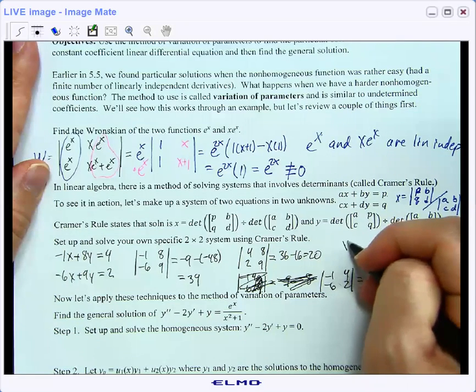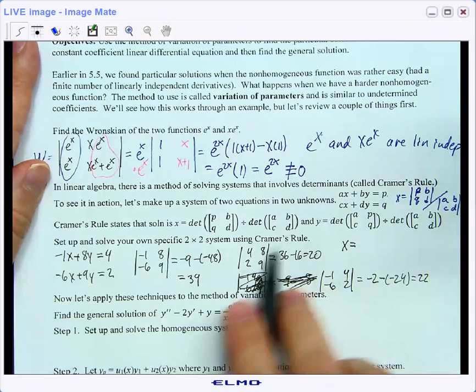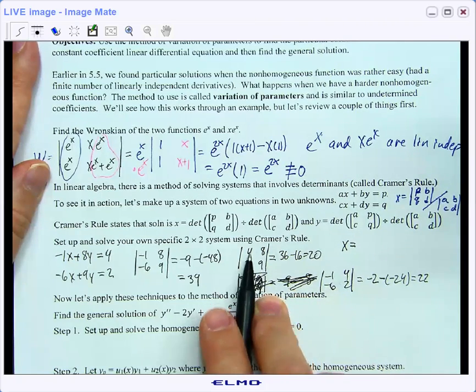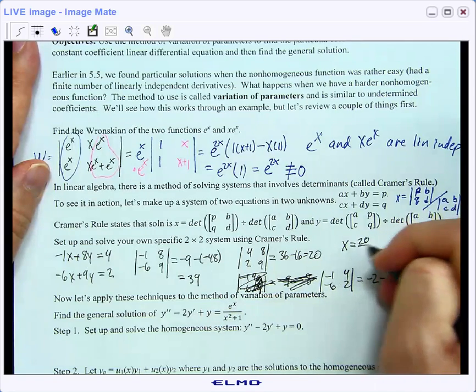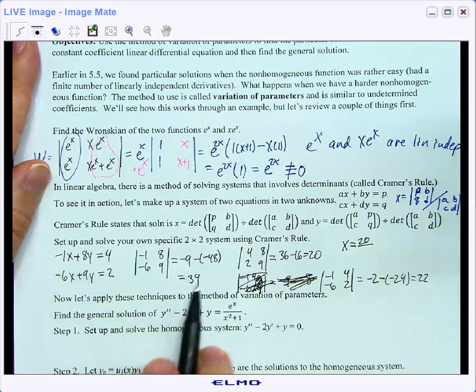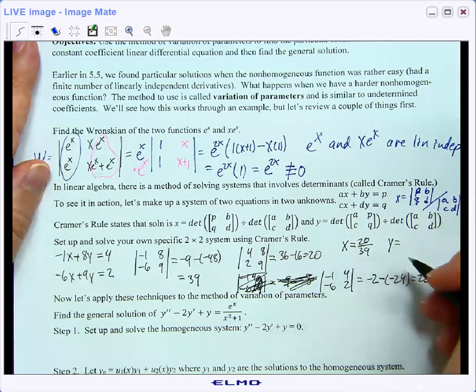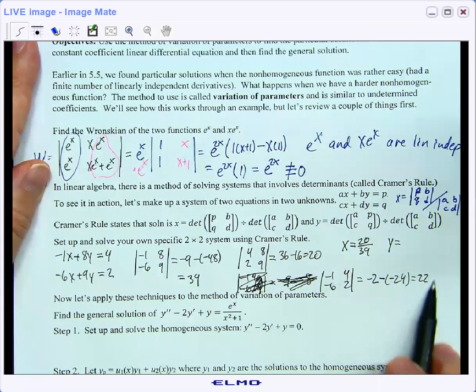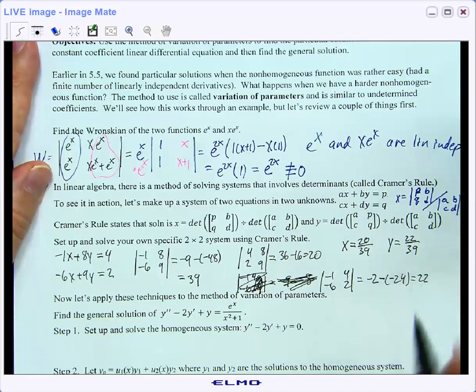Therefore, the solution to this system would be x equals this guy, where we substituted the constants in for the coefficients of the x's. So that should be 20 over the determinant of the original matrix, 39. And the y solution will be his determinant matrix, so 22 over 39.